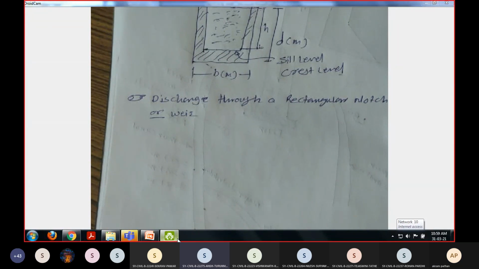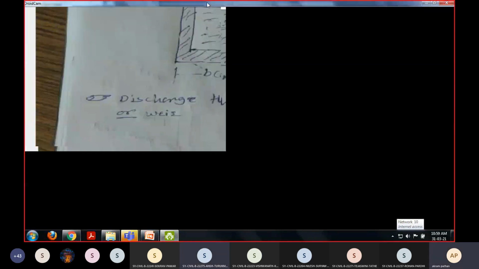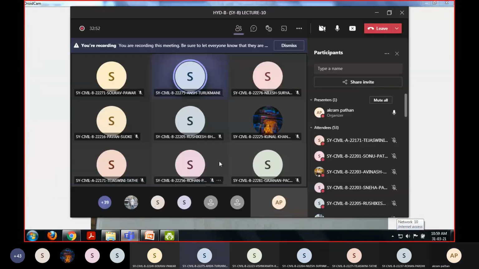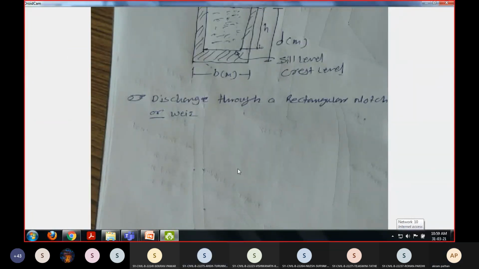It is making glitches. It is stopping, then starting.